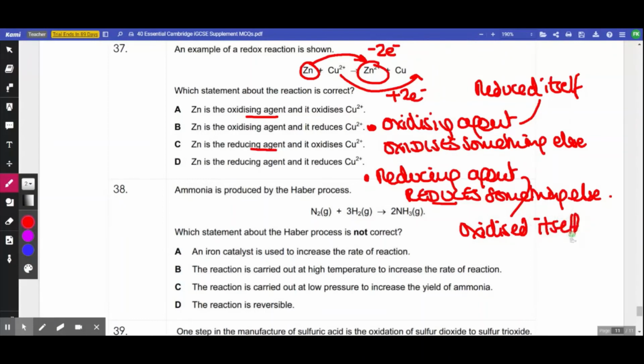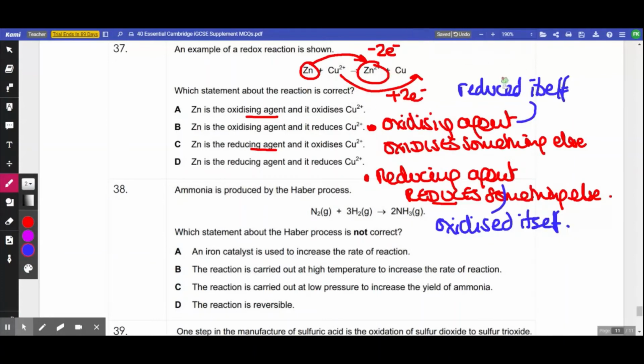So if you learn that extra fact, then when you face a question like this, it's very, very easy. Reduction is gain in electrons, and oxidation is a loss of electrons. So that's a loss, that's a gain.